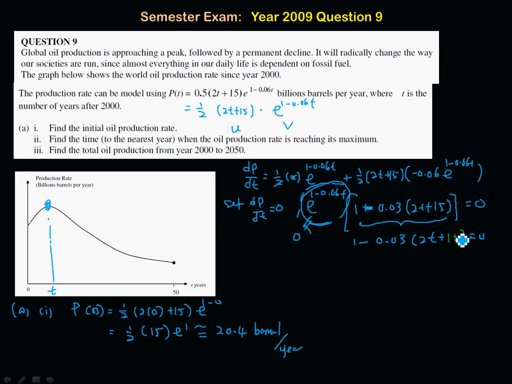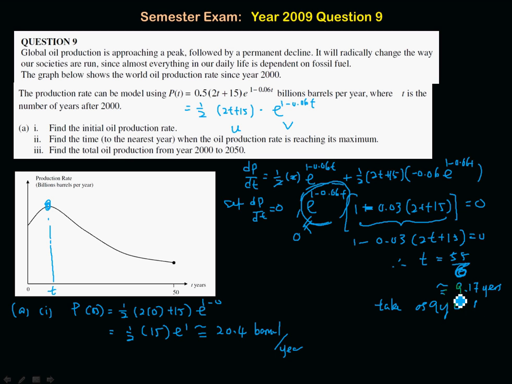Then you get t equal to 55 over 6, which is approximately 9.17 years. Of course, we take this as 9 years.